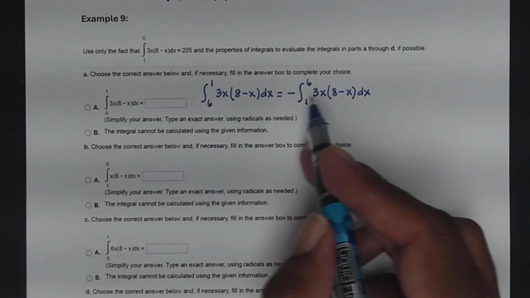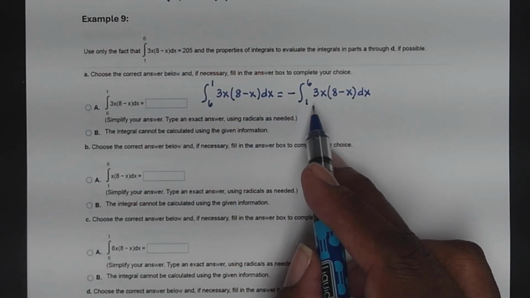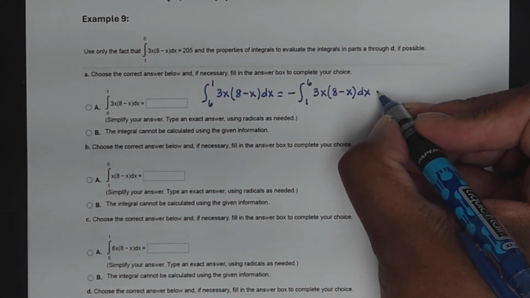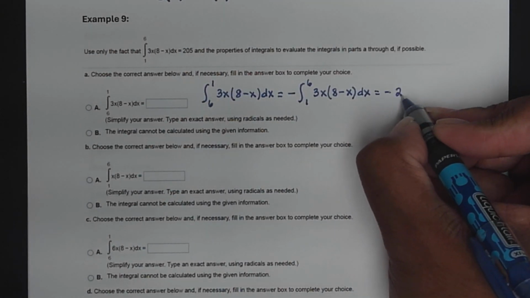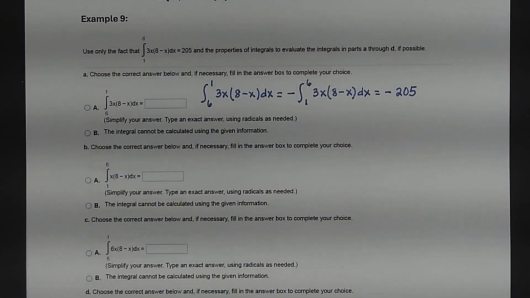Well, this is exactly this right here. So the integral from 1 to 6 of 3x times the quantity 8 minus x dx is 205. So here I'm going to have a negative 205 as the final answer.